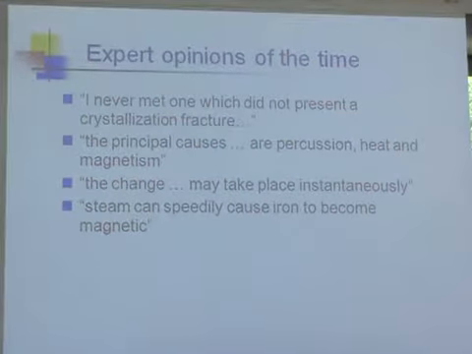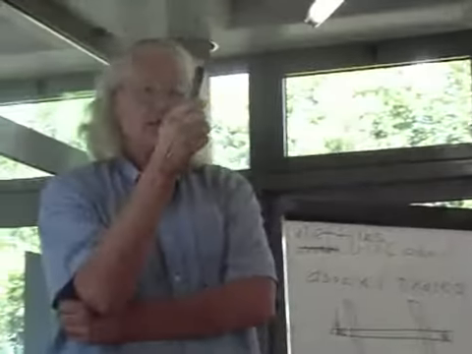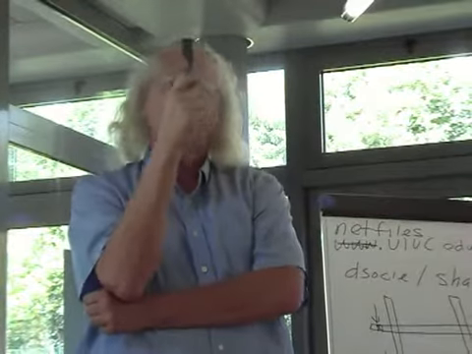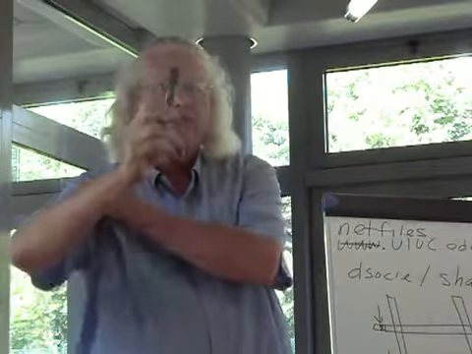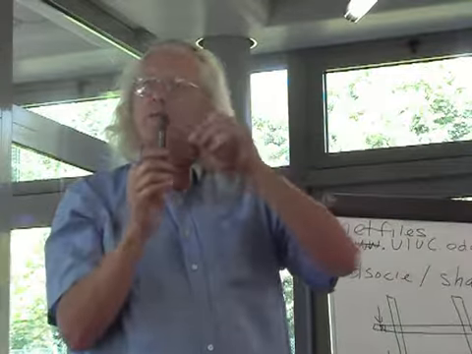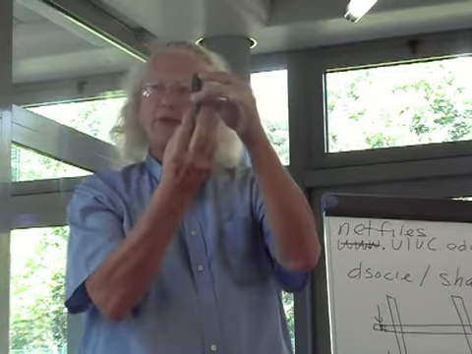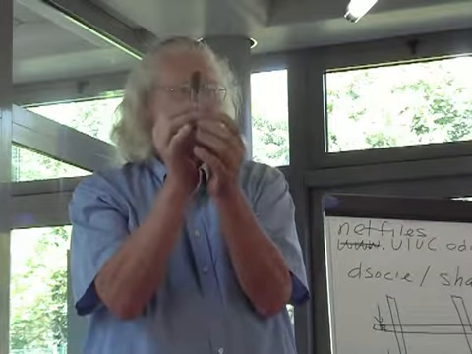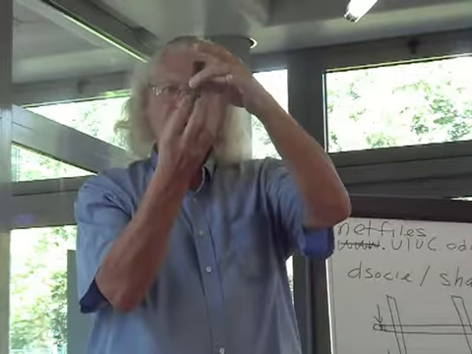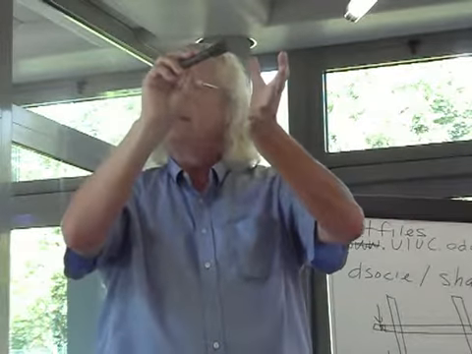"I never met one which did not present a crystallization fracture." So the early people studying fatigue thought that fracture occurred because the material crystallized. What does that mean? If you have a piece of good material and you do a tension test and look at the fracture surface, the fracture surface is very irregular. It looks like if you pulled apart this good material that it was more like fracture of a piece of wood.